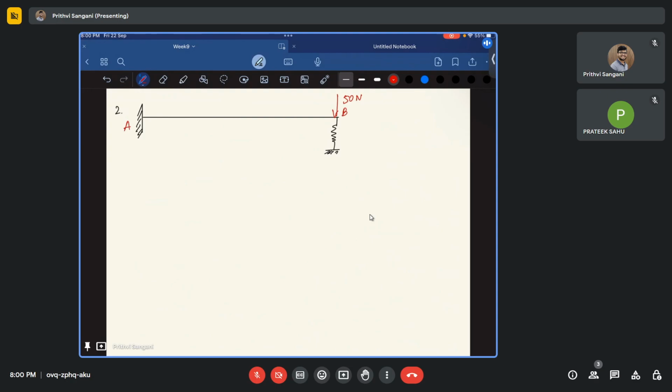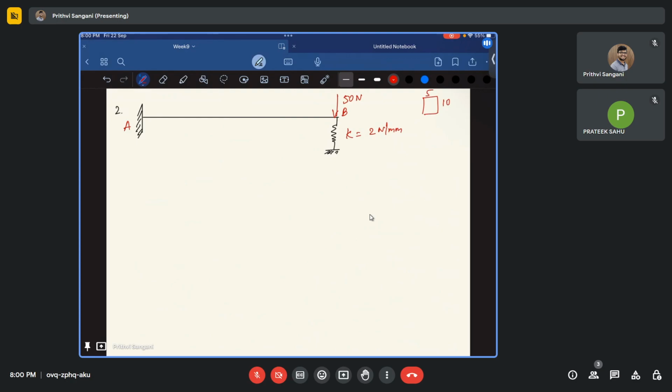If it is a spring, we also have the stiffness of the spring, right? K, the stiffness, is given as 2 Newton per mm, and the cross section of the beam is also given. AB is a rectangular cross section, 10 mm deep and 5 mm wide.